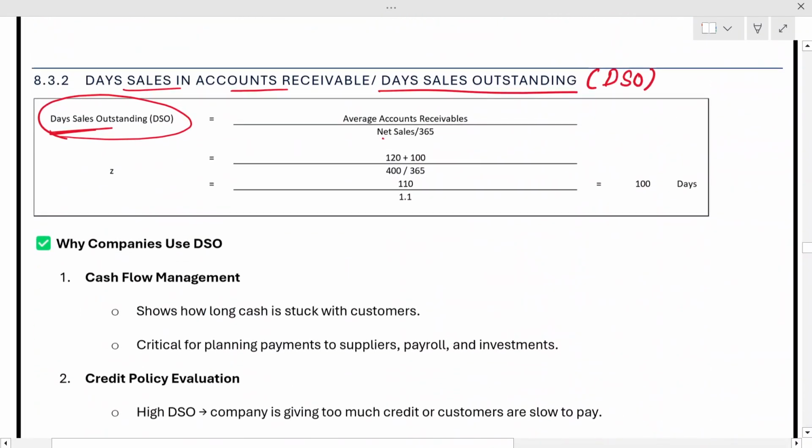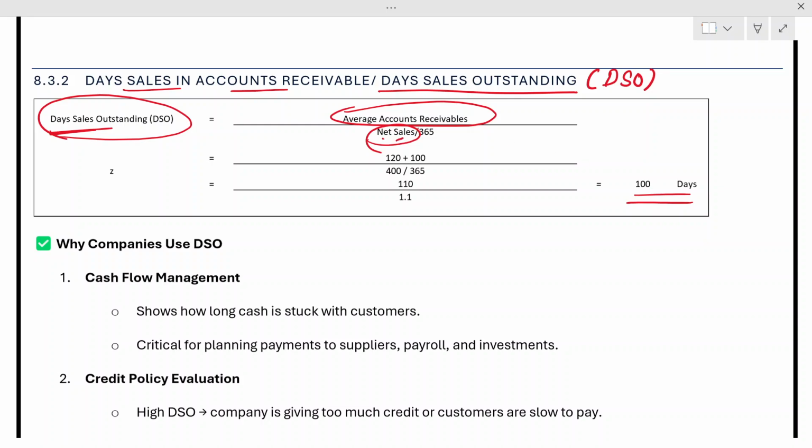Now you are calculating in days, so you can multiply this by 365. So it's just the reverse of the debtors turnover ratio or accounts receivable turnover ratio, which I have told above, but the formula is simple like this.